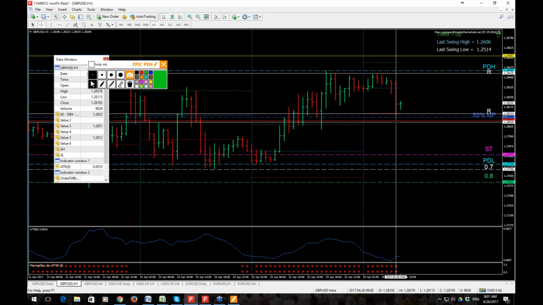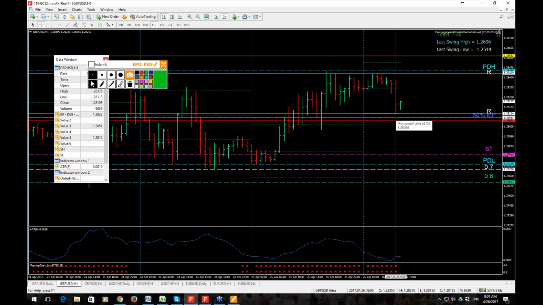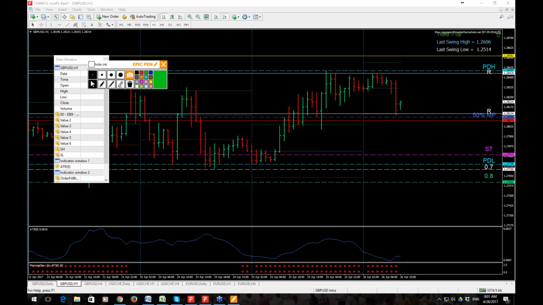So now the high, 128.37, 128.42, 128.38, 128.43. I'm going to put it. And our stop loss is going to be at the low of this bar, 128.09.